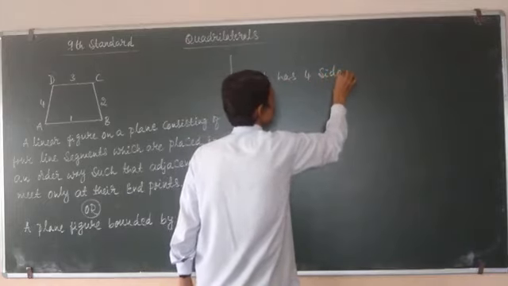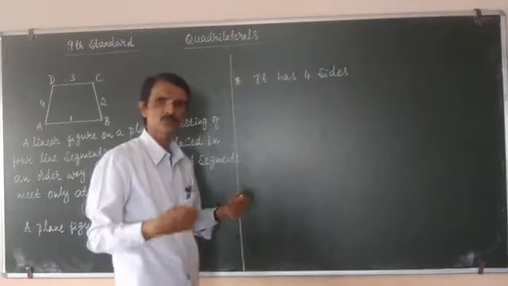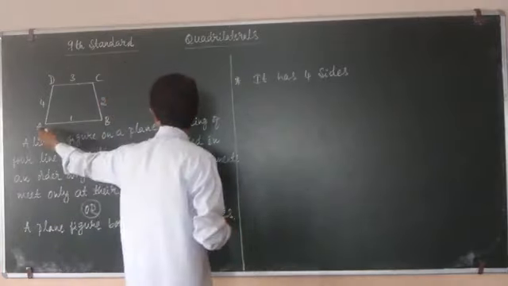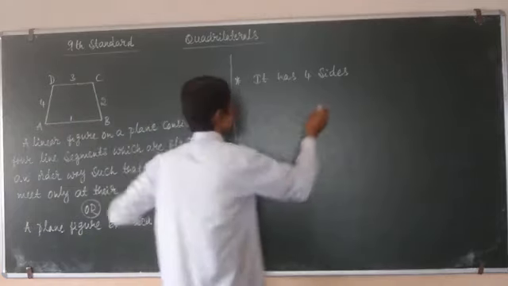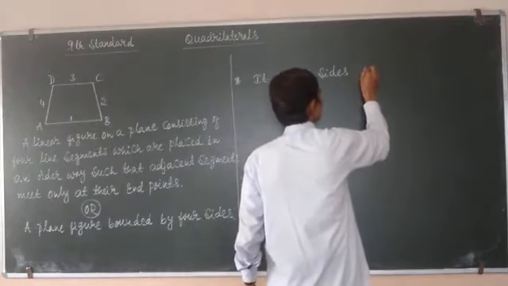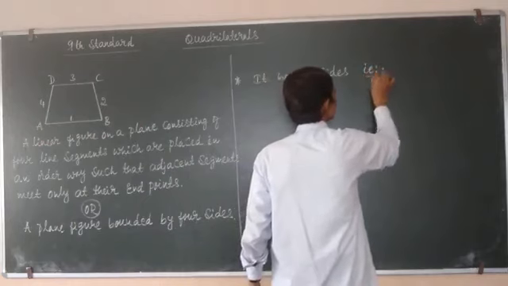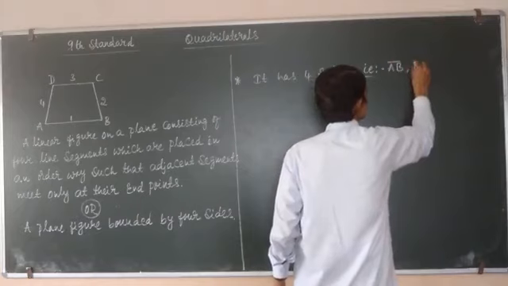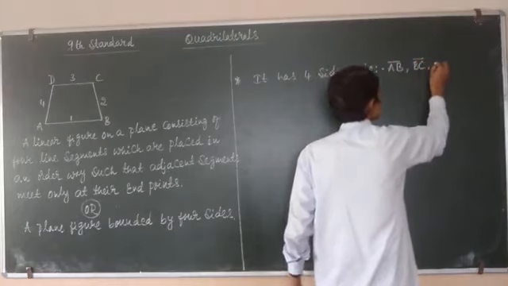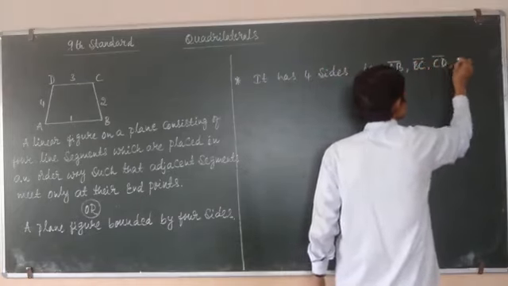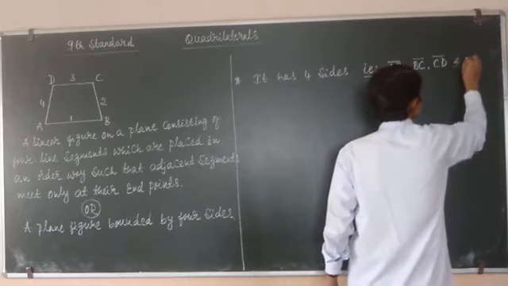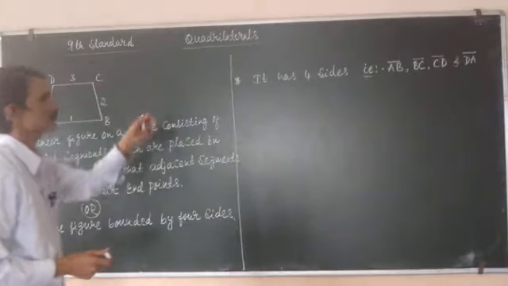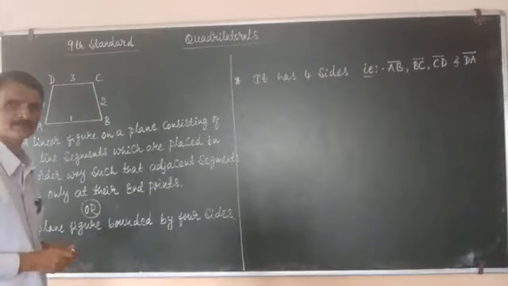It has four sides. Can you name the four sides? I have marked them here. They are side AB, side BC, side CD, and lastly side DA. These are the four sides of the quadrilateral.